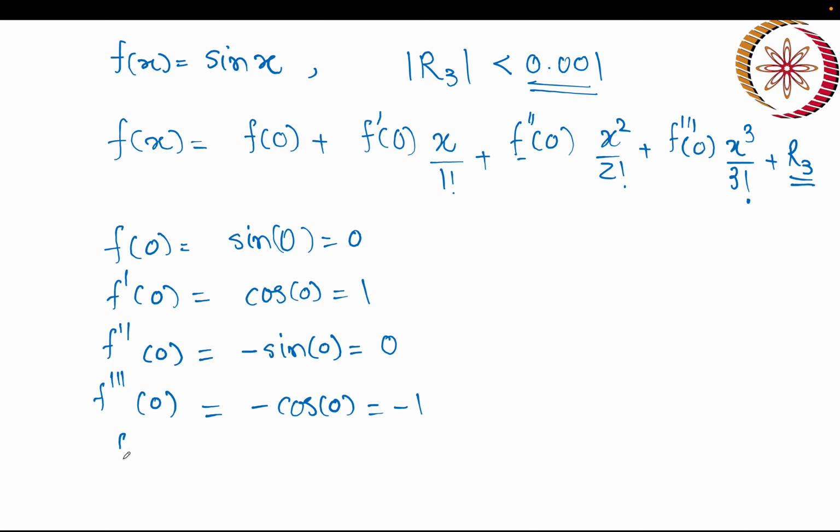So we have this expansion: f(x) is equal to 0 plus 1 times x plus 0, and f''' is minus 1, so minus x cubed by 3 factorial, and the residue term.